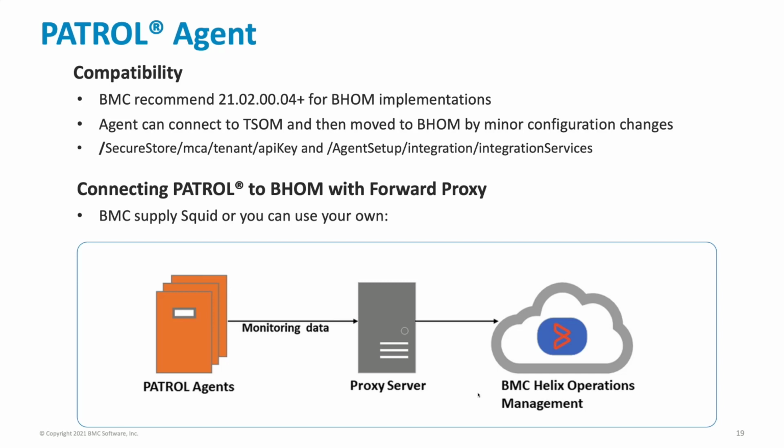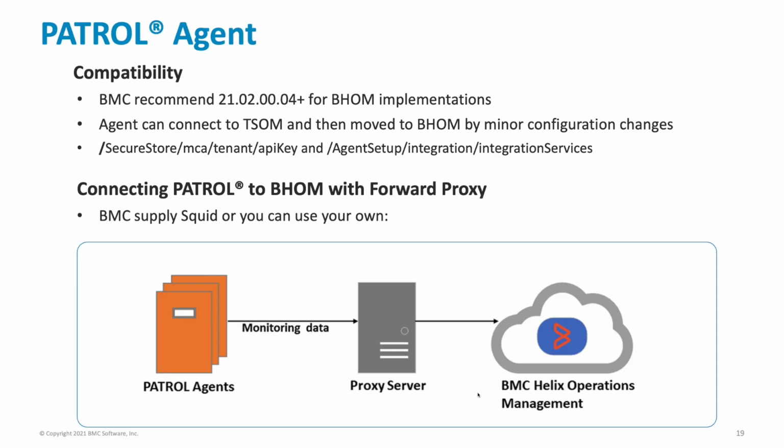That is done via configuring an API key and configuring the agent integration services variable, as you're used to when you were switching from BPPM to TrueSight. And now it's a similar mechanism for moving from TrueSight to Helix. So the important information here is the agent from a specific version can connect to both systems, TrueSight and Helix.